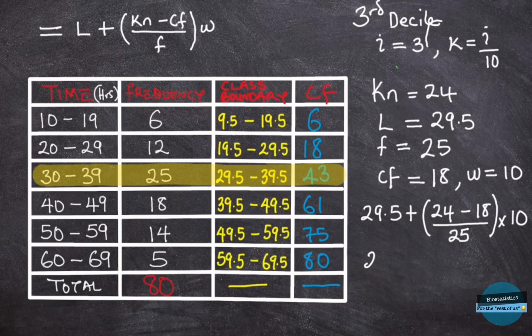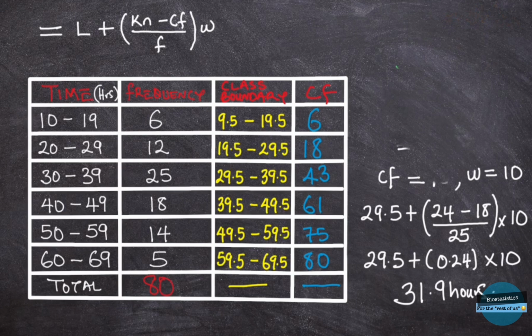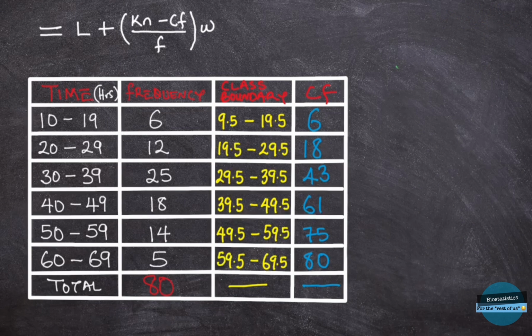So 29.5 plus 0.24 in bracket times 10 will give us 31.9 hours. Awesome. So our third decile, D3, is 31.9 hours. Great.